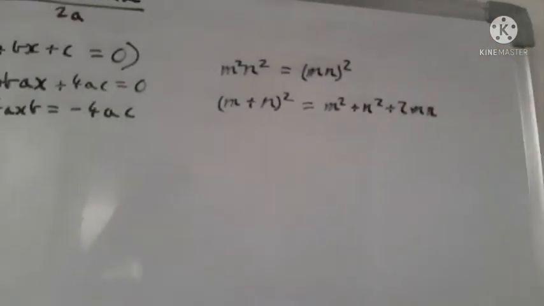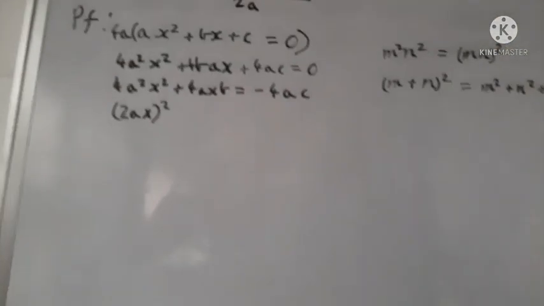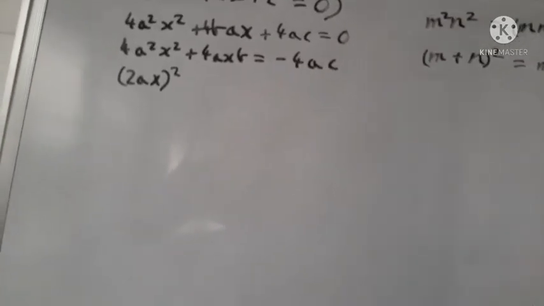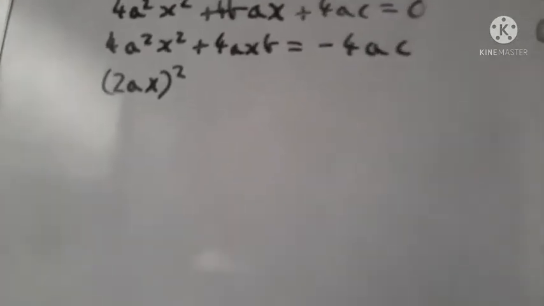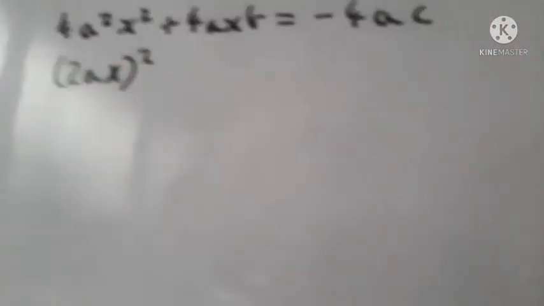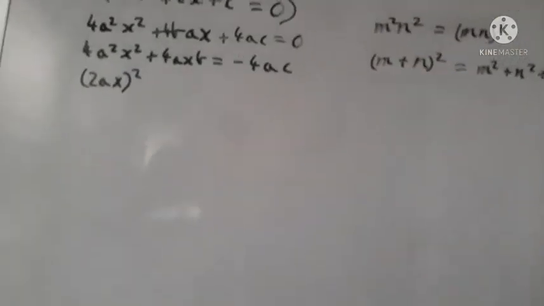That's a well-known identity and quite easy to prove, so I don't think we need to get into that right now. We have 2ax whole squared; let's call that our m. Because this term cannot be written as a perfect square, we're going to consider it the third term.